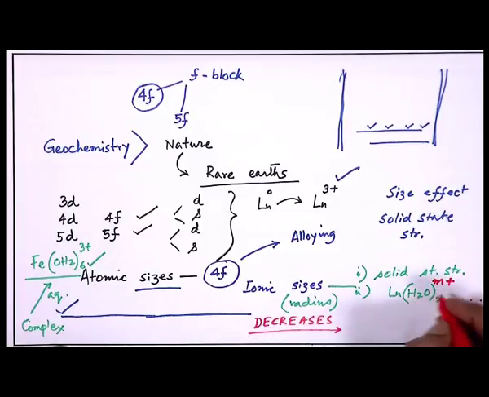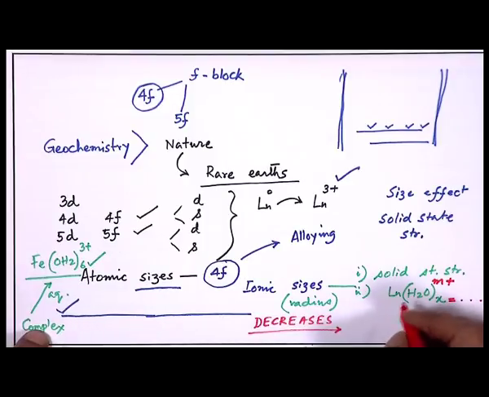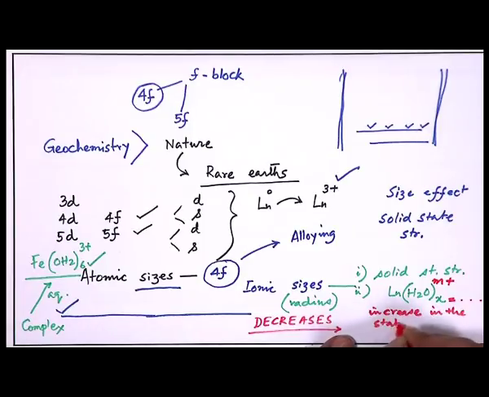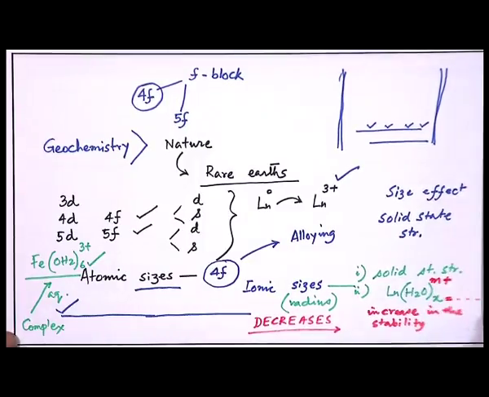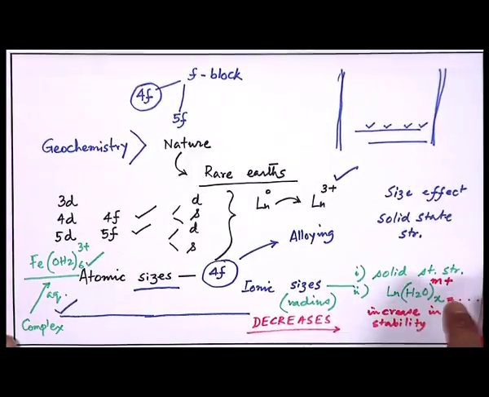So, as the size is decreasing from left to right, the interaction between the lanthanum orbitals and the lone pairs on the water molecules will be strong enough, which will be responsible for an increase in the stability of the complexes, that means the aqua ions which are forming in the solution.